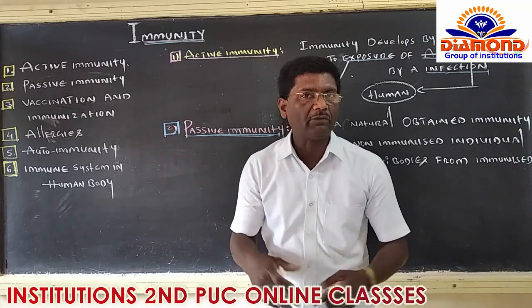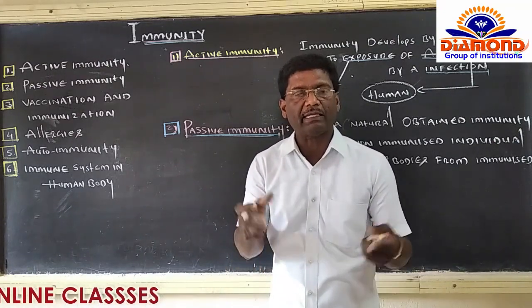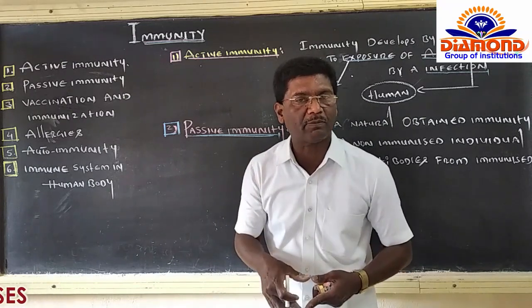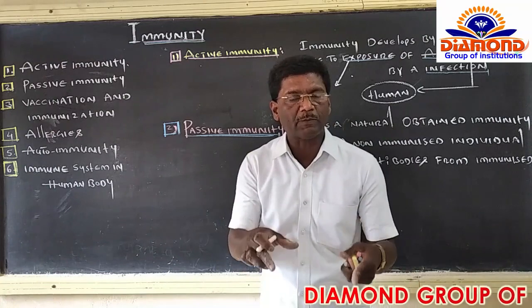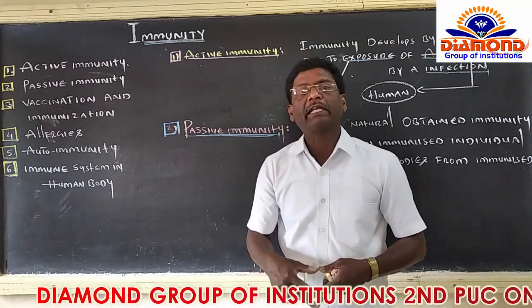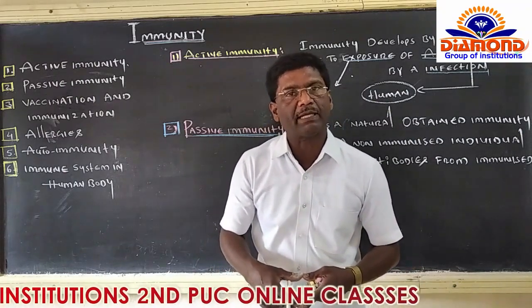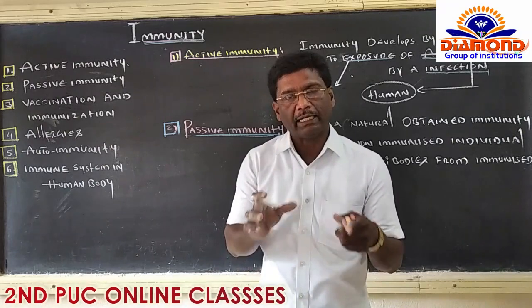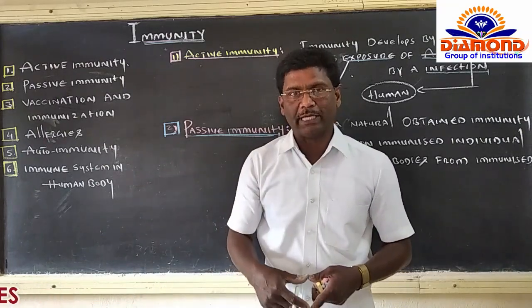When it is going to activate, that means when some microorganisms or pathogens or antigens get entry inside the human being's body, then only the immune system present in our body is going to activate. On top of that, it can produce T lymphocytes, B lymphocytes, T memory cells, B memory cells.